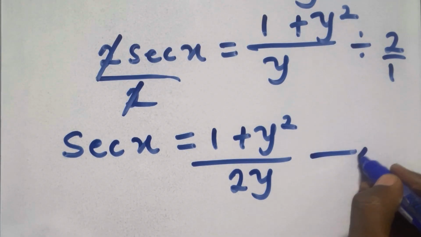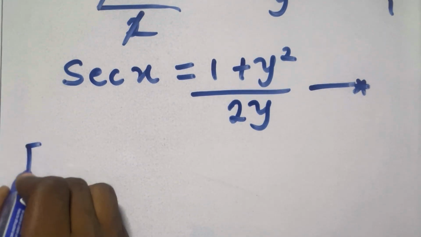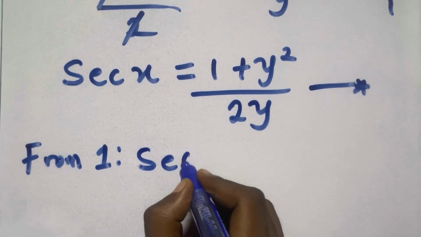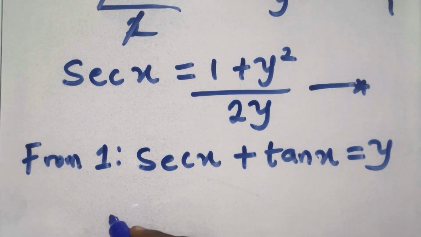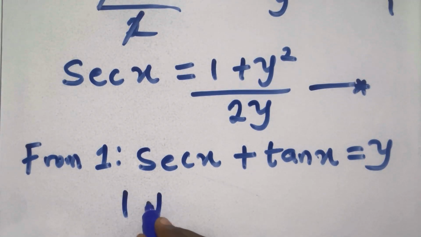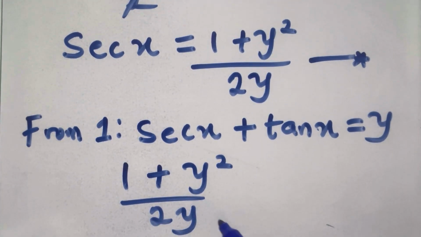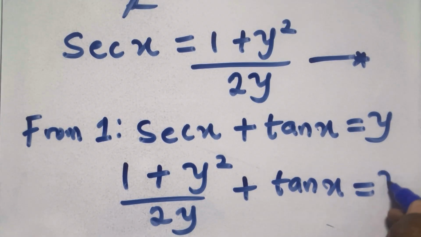I will not number this equation, but just note it. From our equation 1, sec x plus tan x equals y, where sec x equals 1 plus y squared divided by 2y, plus tan x equals y.